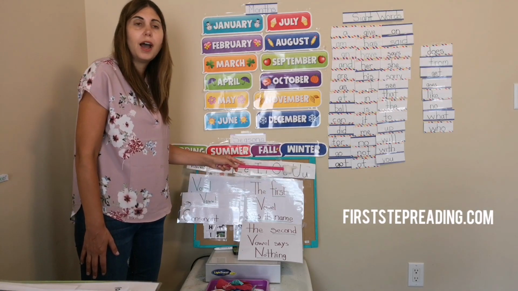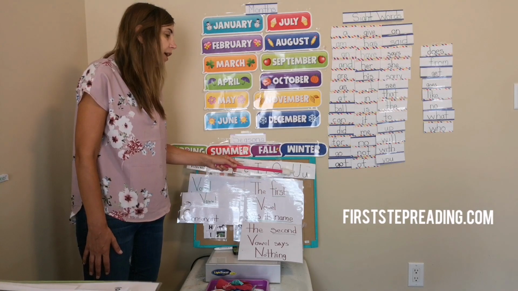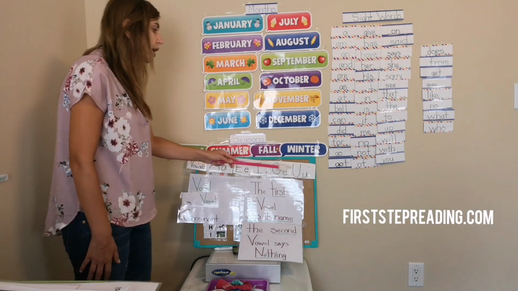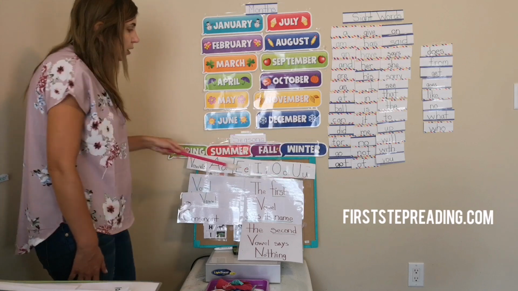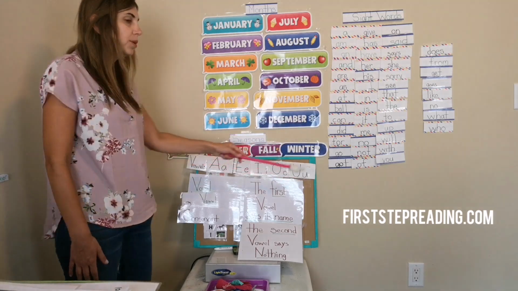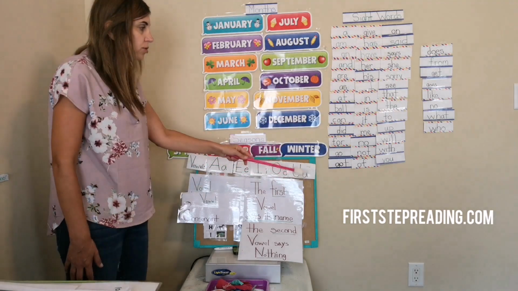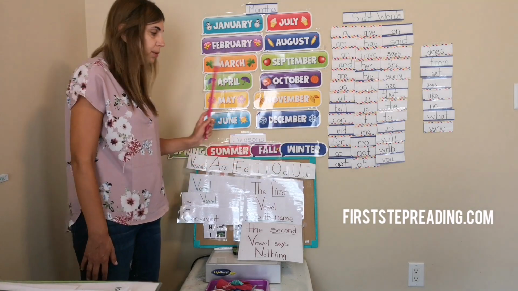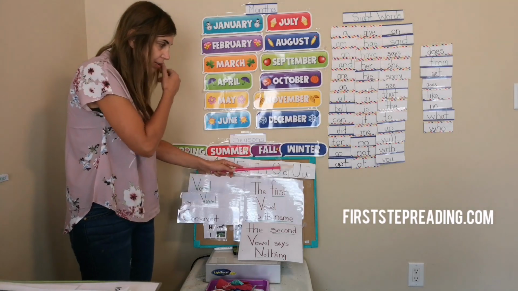U is a vowel, a vowel, a vowel. U is a vowel, A-E-I-O-U. Those are our vowels, our vowels, our vowels. Those are our vowels, A-E-I-O-U.